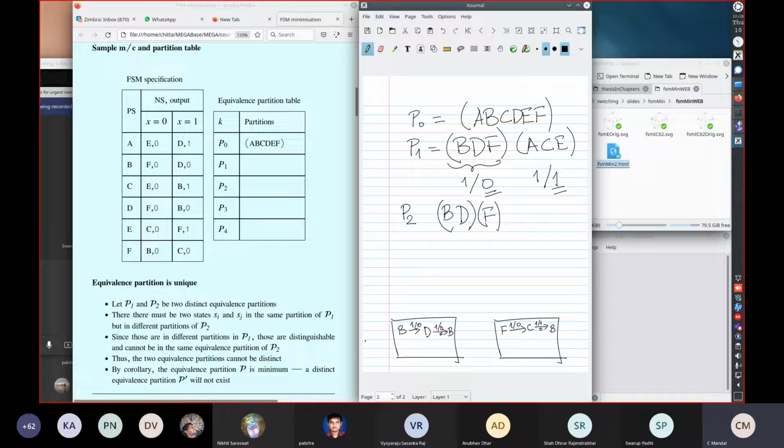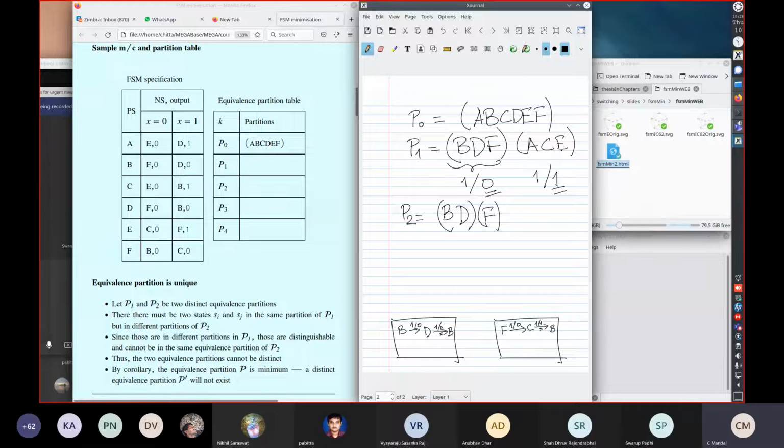So now you are utilizing this result recursively. If these make a transition to states in different partitions, then D and F are distinguishable, because they have successors in different partitions which are distinguishable. All right, so you are able to split this as follows. BDF can be split to BD and F.